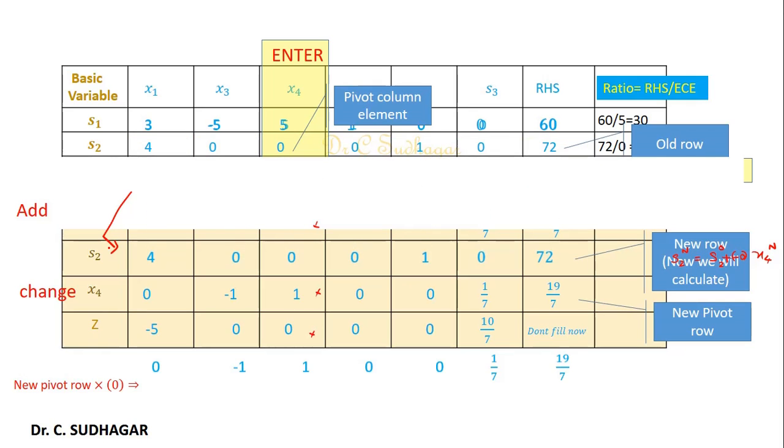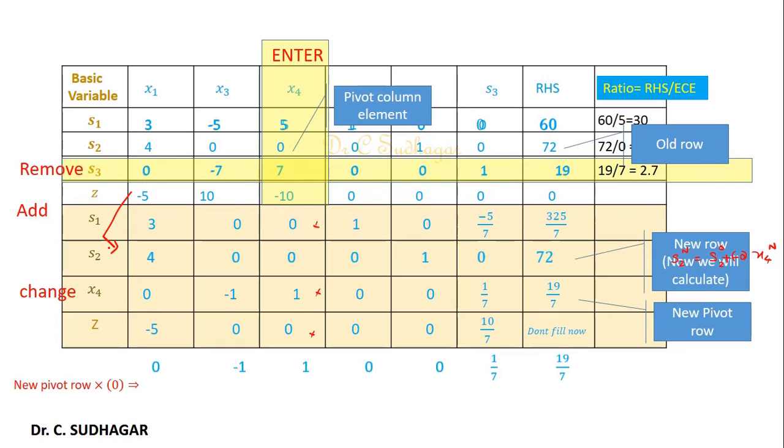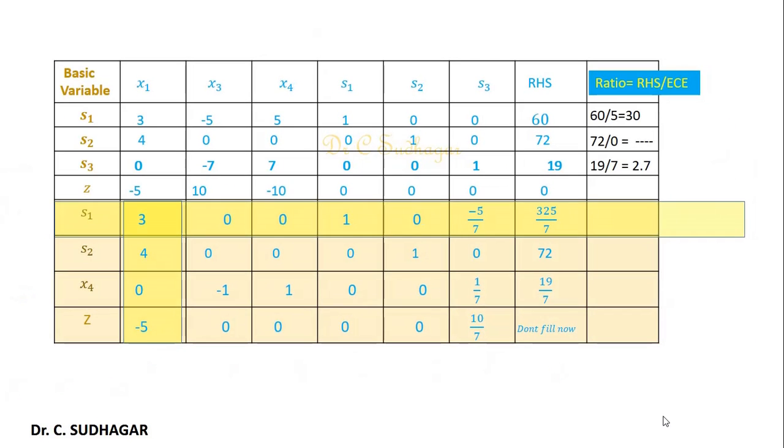So finally, what we have done is we have calculated all the values here. Now let us proceed to the next iteration. How to know that this problem is over or not? To check whether the problem is over or not, check the Z row.